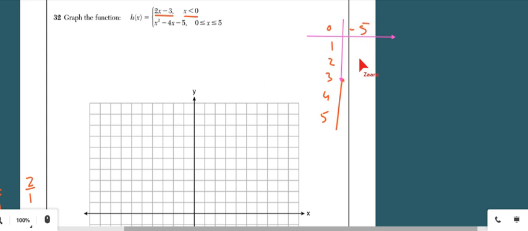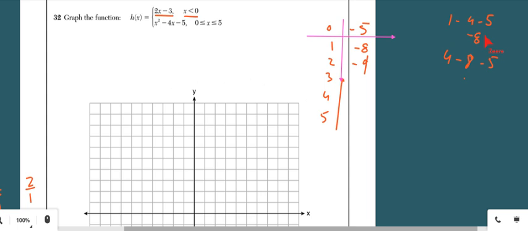When you substitute 1, you will get 1 square minus 4 minus 5, so it is negative 8. When you substitute 2, you will get 2 square, which is 4, and 4 times 2 is 8. So negative 8, negative 5, you will get negative 13, and negative 13 plus 4 is negative 9.